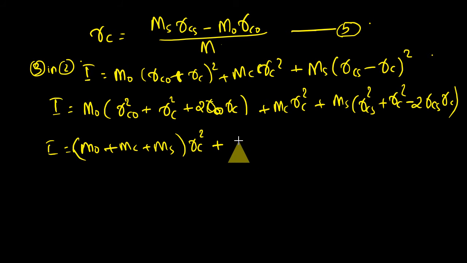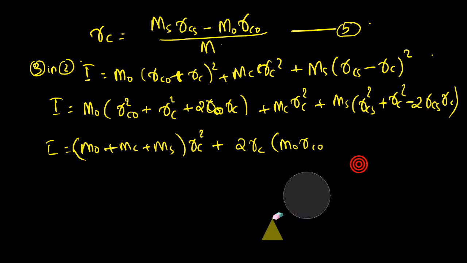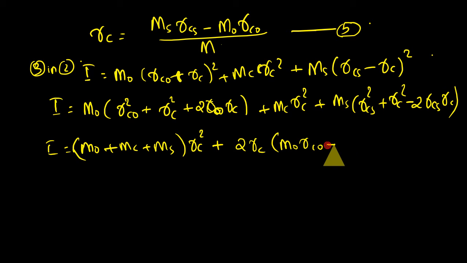Let me write 2 RC into what is remaining: MO RCO, plus MS, that is minus sign here. So let me write minus MS RCS.